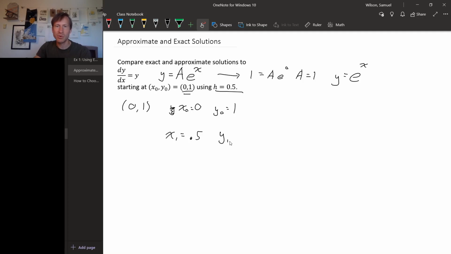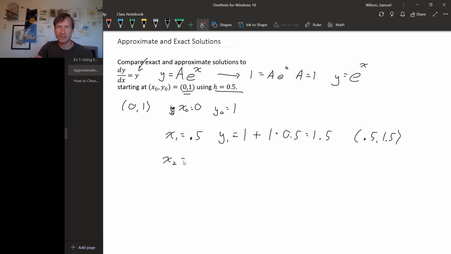So y sub 1 is going to be our old y value, which is 1, plus the function that is the right-hand side of the differential equation, which is just y. So our old y value again times our step size, which is 1/2, so 0.5. This gives us 1.5. So now we have (0.5, 1.5).